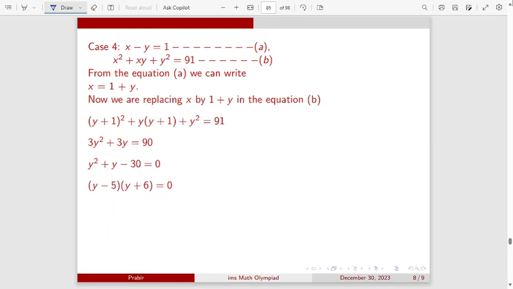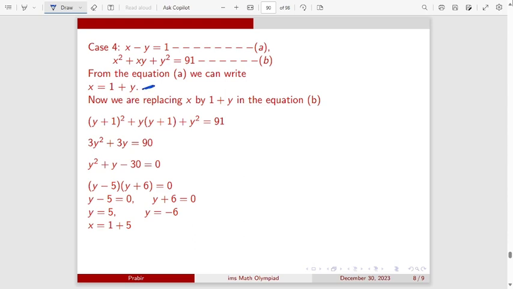Okay, so we are getting this step. Now from here we get y minus 5 equal to 0 and also y plus 6 equal to 0. So therefore we easily find y equal to 5, and from the other factor y equal to minus 6. Then we replace this 5 in the equation x equal to 1 plus y, so x equal to 1 plus 5, which is 6.